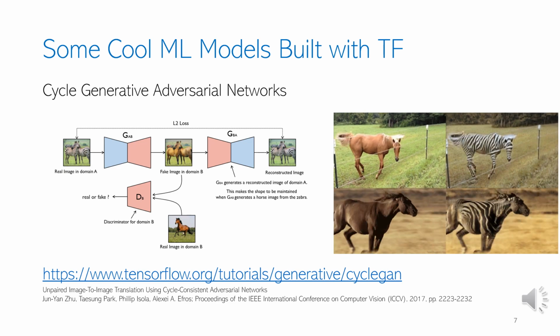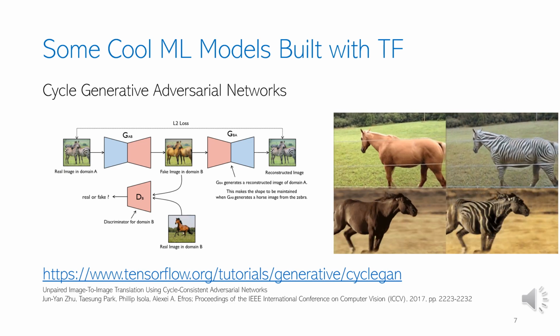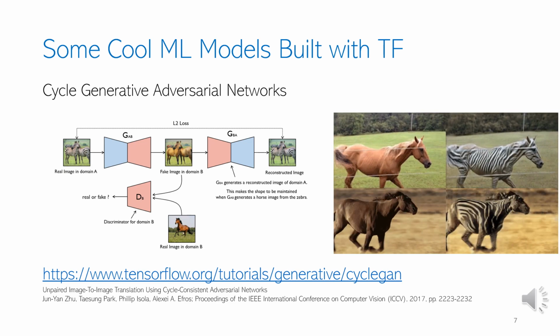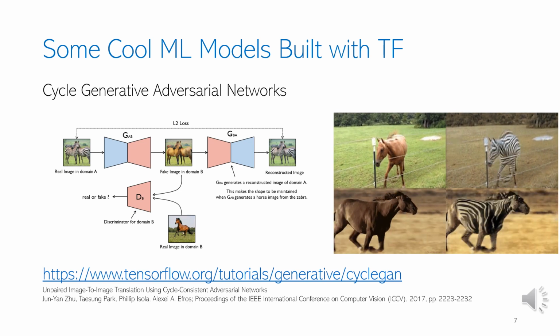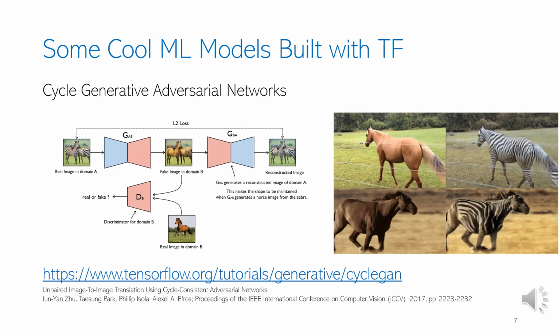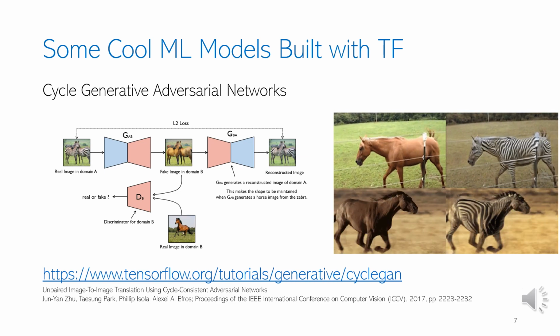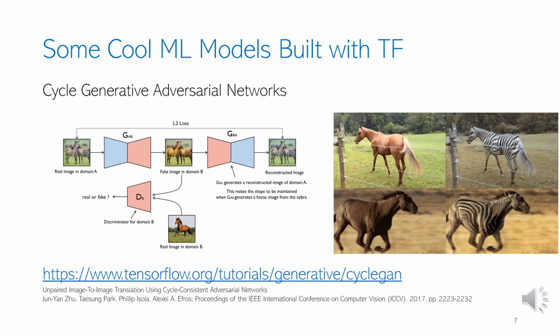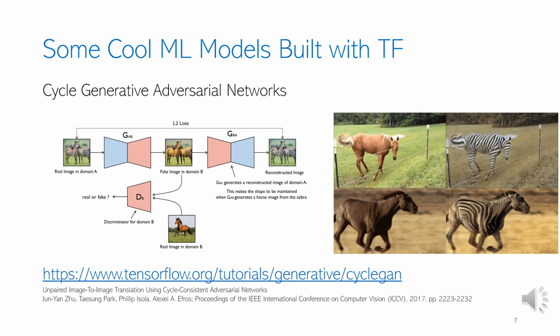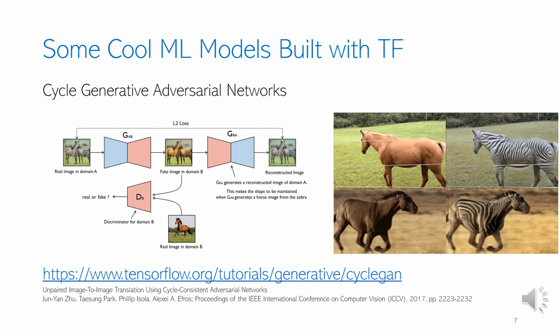Another very cool model in computer vision is called CycleGAN. CycleGAN is an image-to-image translation model, meaning that it can transfer the style of one image to another. So, for example, as you see here, we have horses as inputs, and we get the style of a zebra on the horse.